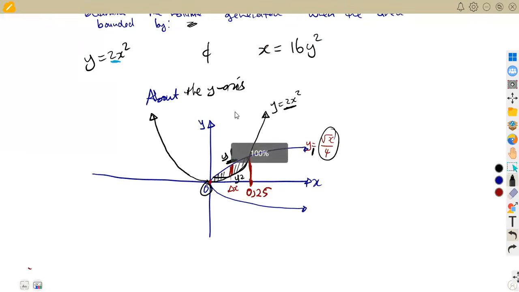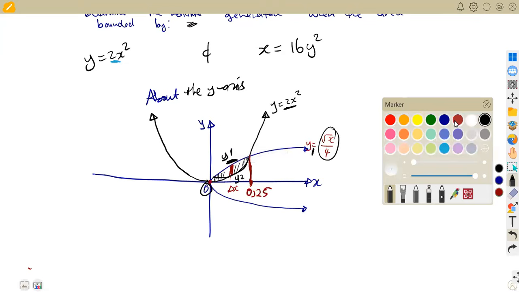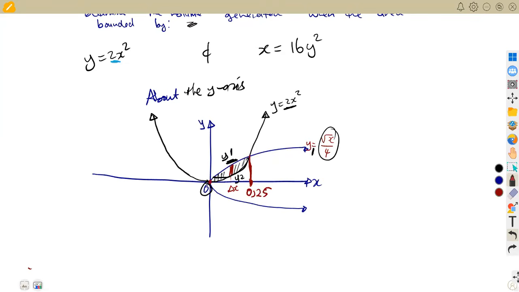In that condition, it means that on the sketch, the sketch is not going to change. What is going to change is the representative strip, because the volume that we're going to calculate now is no longer with respect to x, it's now with respect to the y-axis. So the representative strip is going to change.